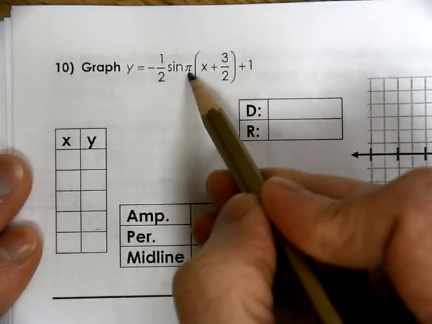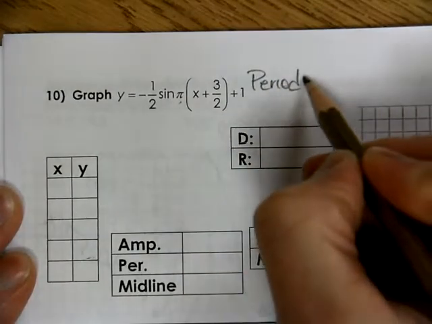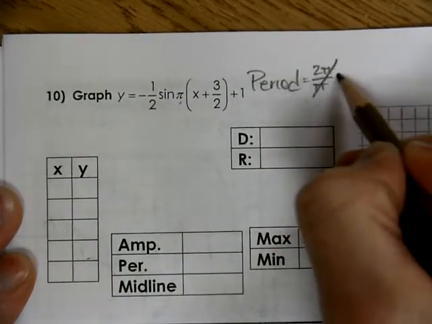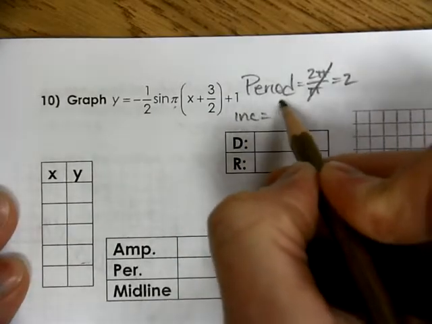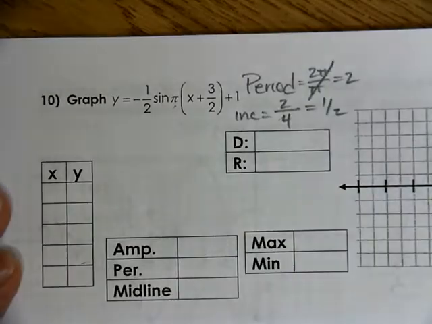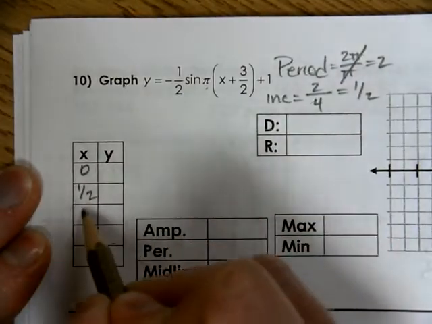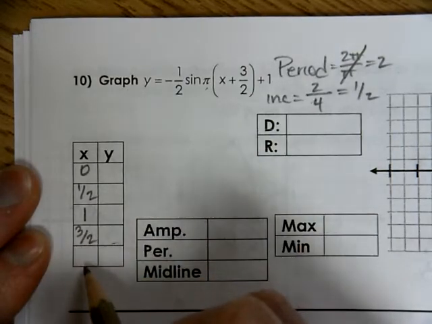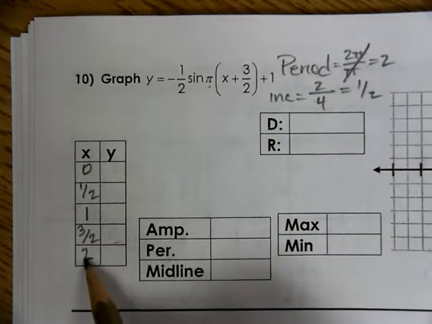So here we have a b value, so we need to calculate the period. The period is going to be 2 pi divided by b, so the b crosses off and we get 2. The increment is going to be period divided by 4, which is a half. So we're going to start at 0 and do 1/2, then 2 halves, then 3 halves, and 4 halves. This will always be the period.